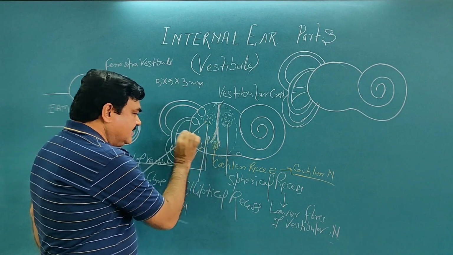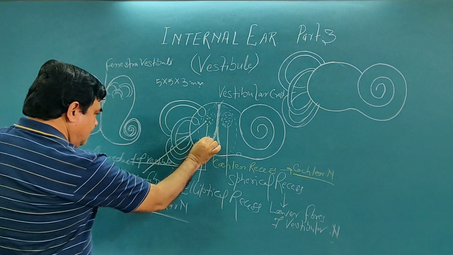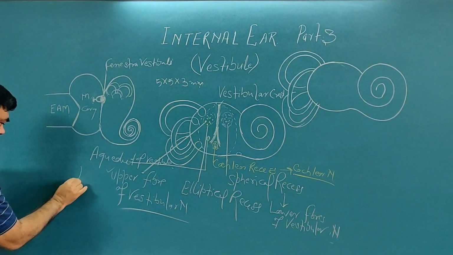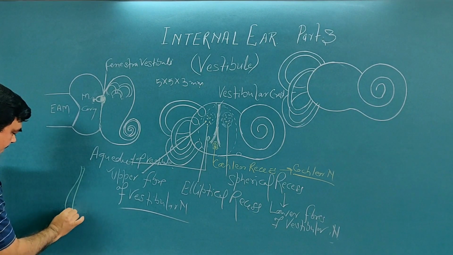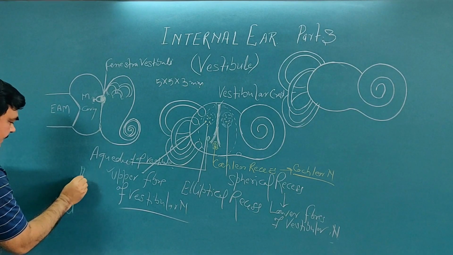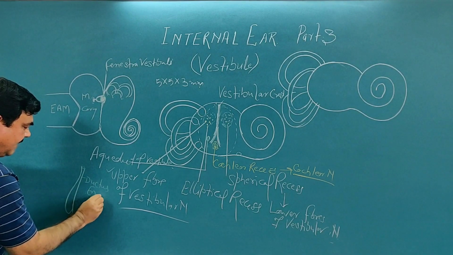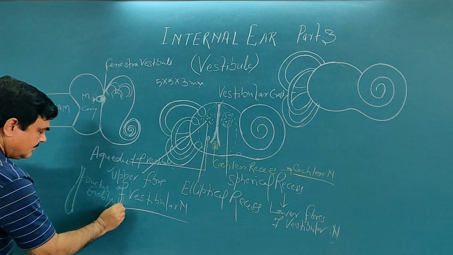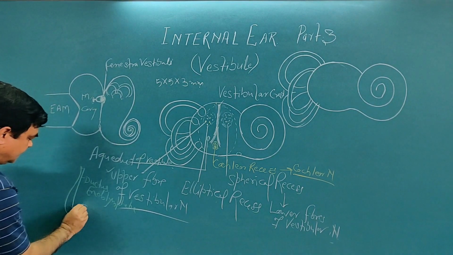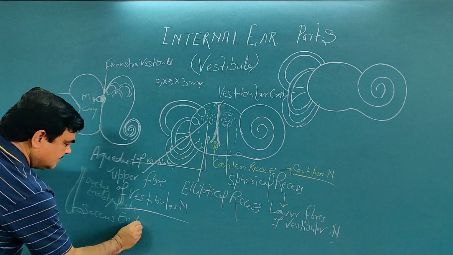From this opening, this is the tubular extension. This is the ductus endolymphaticus, and this is the saccus endolymphaticus.